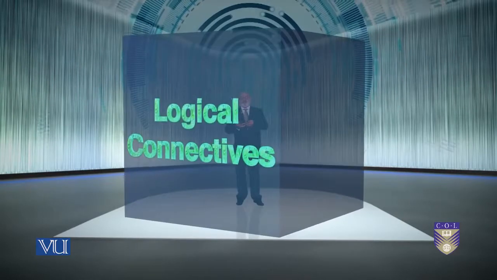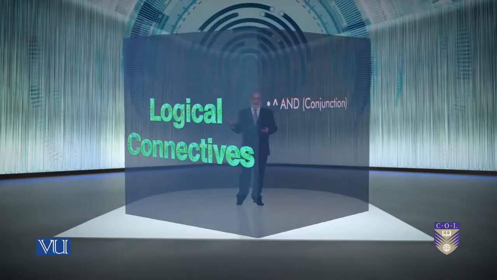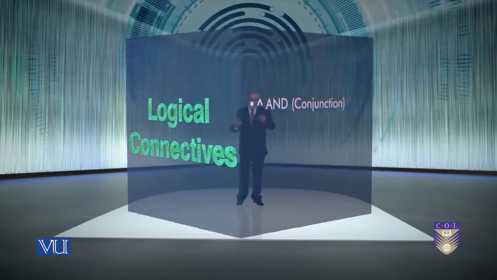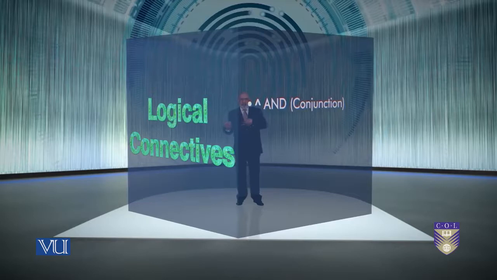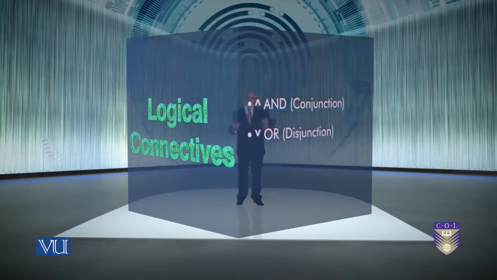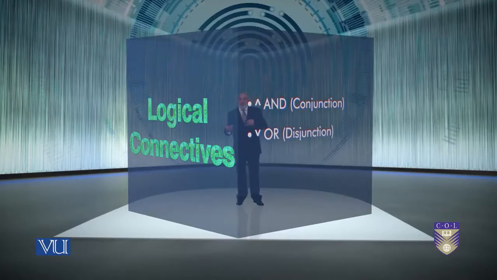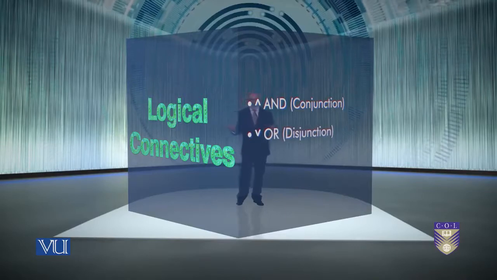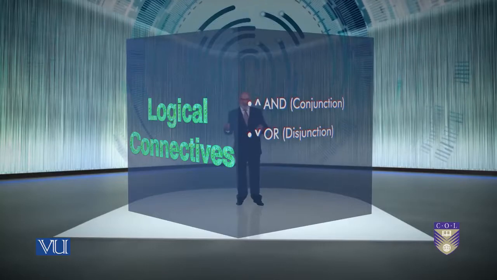For instance, we can create compound statements by logically connecting those propositions. The most common connective between two propositions is an AND situation, P and Q. Another one is an OR situation where you say P or Q, which is also called disjunction, and AND is called conjunction, it's up to you.